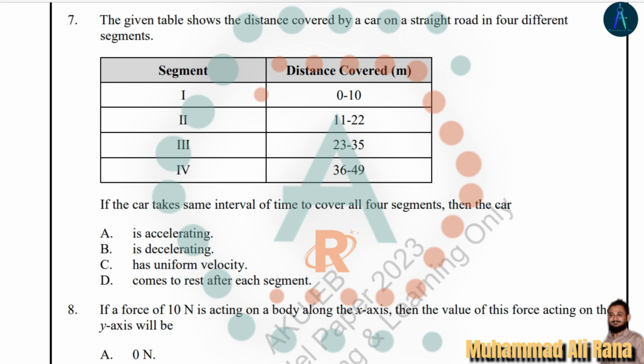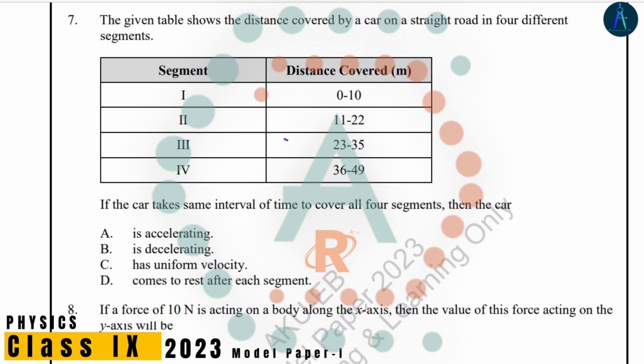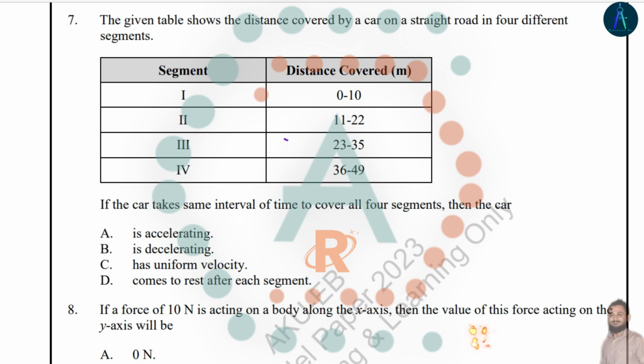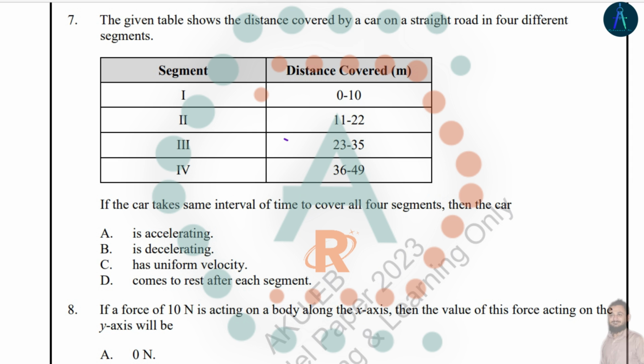The given table shows the distance covered by a car on a road in four different segments. So in the first segment, the body covers a distance of 0 to 10. Then in the second segment, it covers a distance of 11 to 22. Then in the third segment, the body covers a distance of 23 to 35. And in segment 4, the body covers 36 to 49.